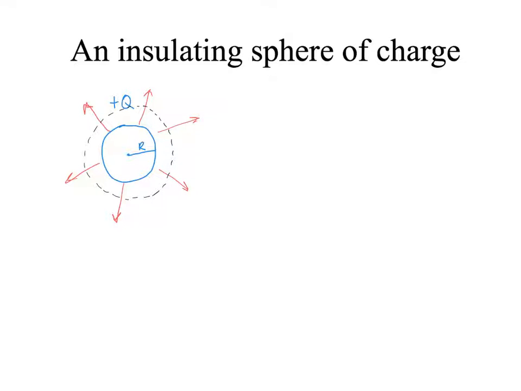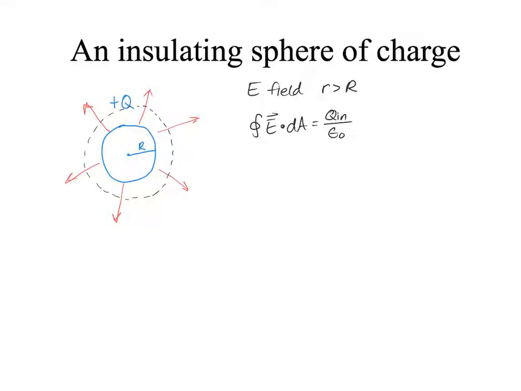And just to be clear, right now we're finding the electric field for some r which is greater than the radius of the actual charge distribution. So we start with Gauss's law, the integral of E dot dA equals the Q inside, or enclosed, over epsilon naught.